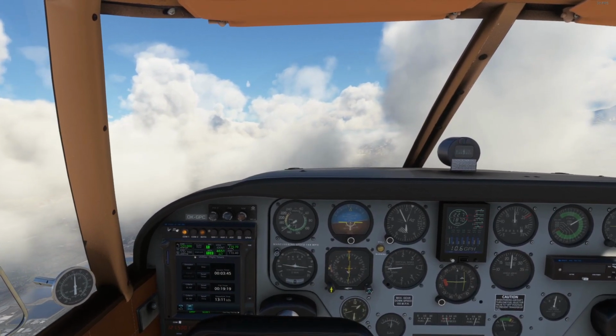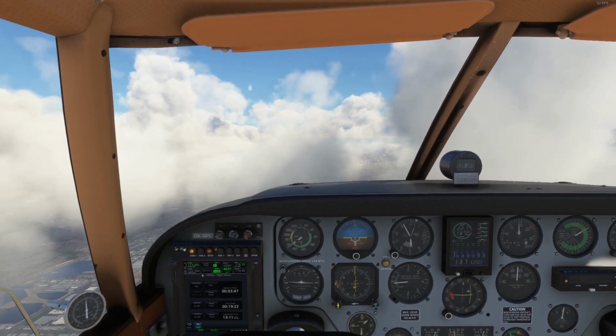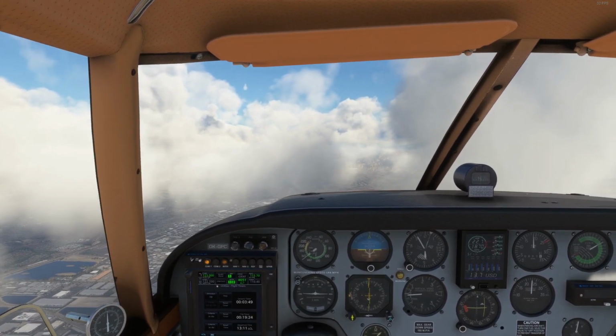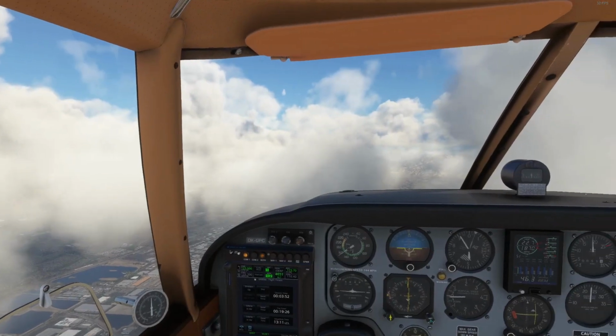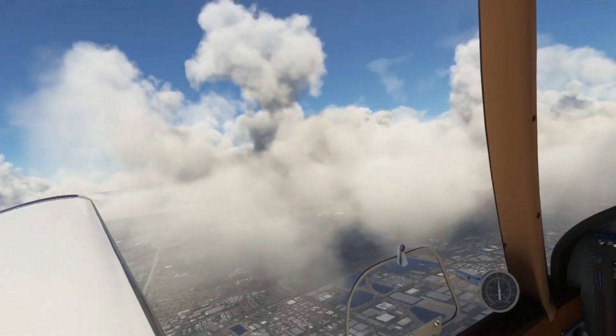We deviated a little bit off the course, so let's get back. Some clouds.